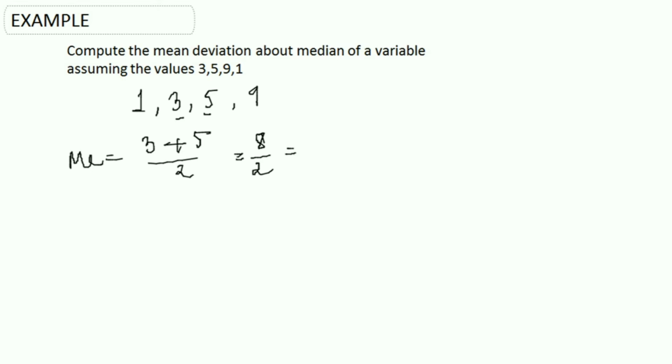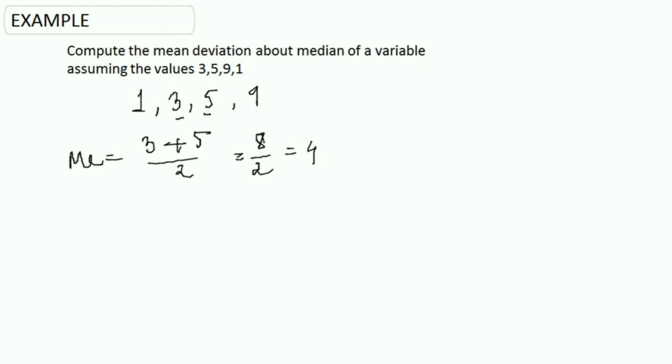So the values will be 1, 3, 5 and 9, and the median will be the arithmetic mean of 3 and 5. So the median ME is equal to 3 plus 5 divided by 2, that means 8 divided by 2, that means 4. So our median will be 4.